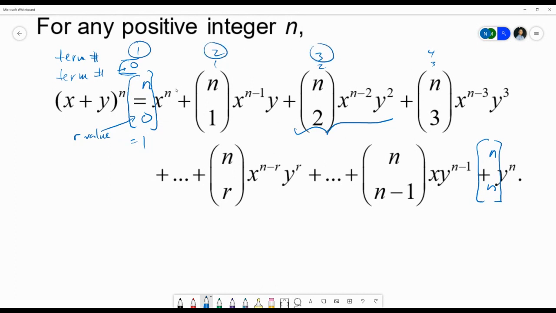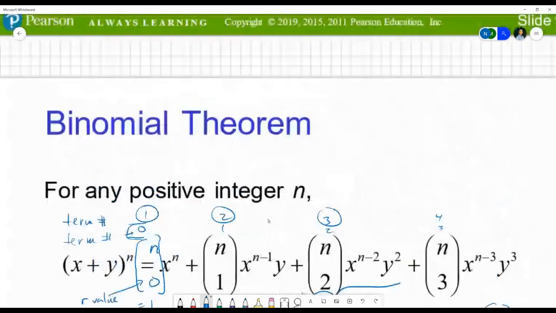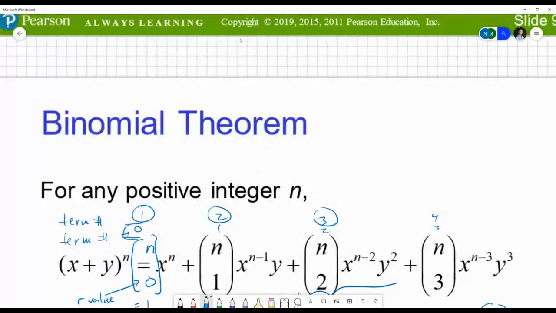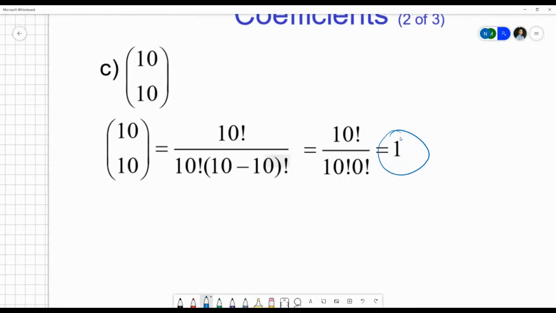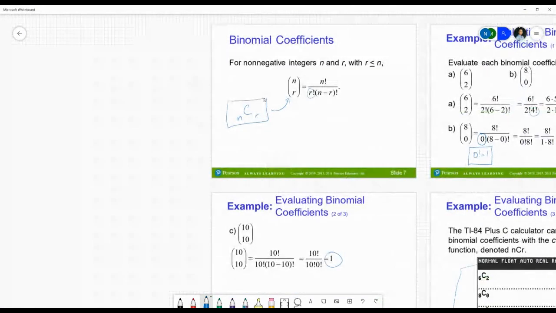Hey, Professor, you just mentioned something called the R value, but that wasn't something that you mentioned earlier. Is the R value in this case also the common ratio, or is that something else? No, R is not the common ratio. R is the value that you choose. This right here.